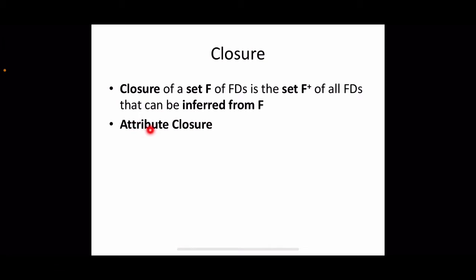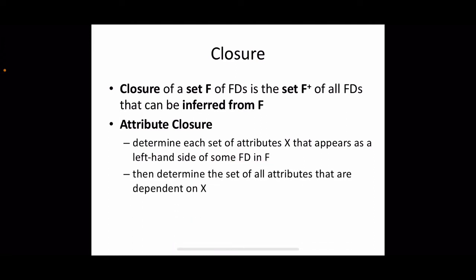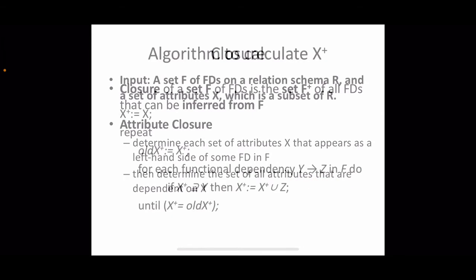That is called attribute closure. The closure of an attribute set is the set of all attributes that are functionally determined by X.